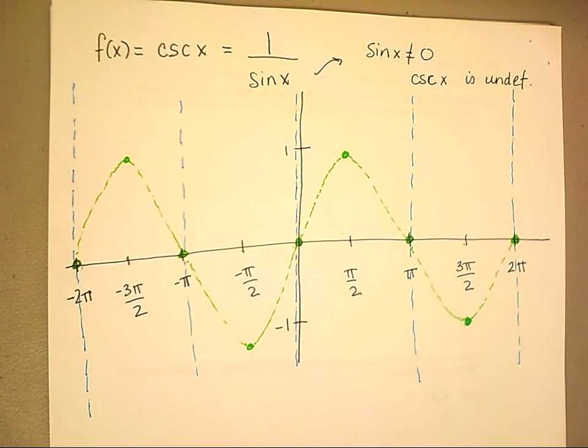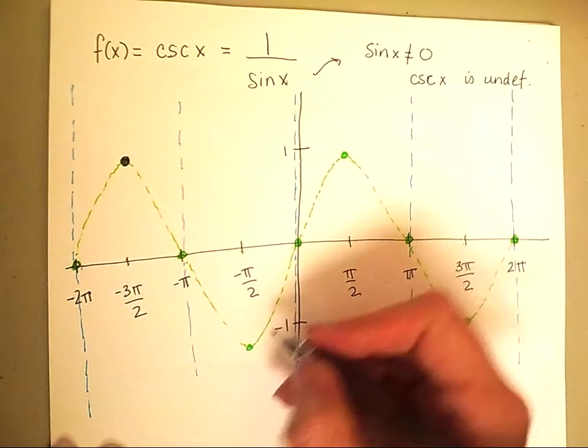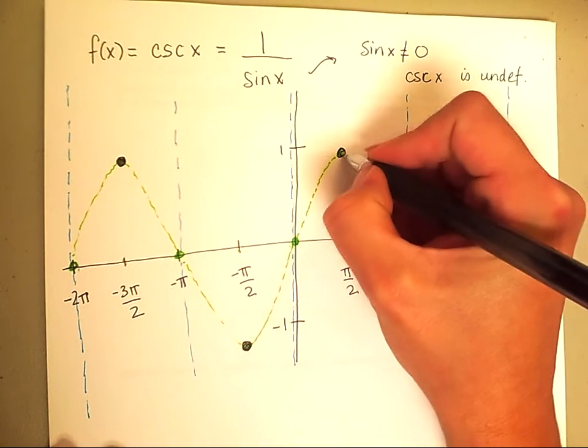Okay, and now we're prepped and ready to draw cosecant. Just like with secant, the peaks and the valleys are included, so I can put those in with my black pen.